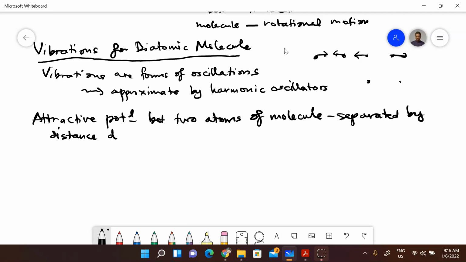Maybe I should draw a different diagram. Let's see over here, one could have this kind of motion, and then another kind of motion going out. So in this way, this one is your equilibrium position.